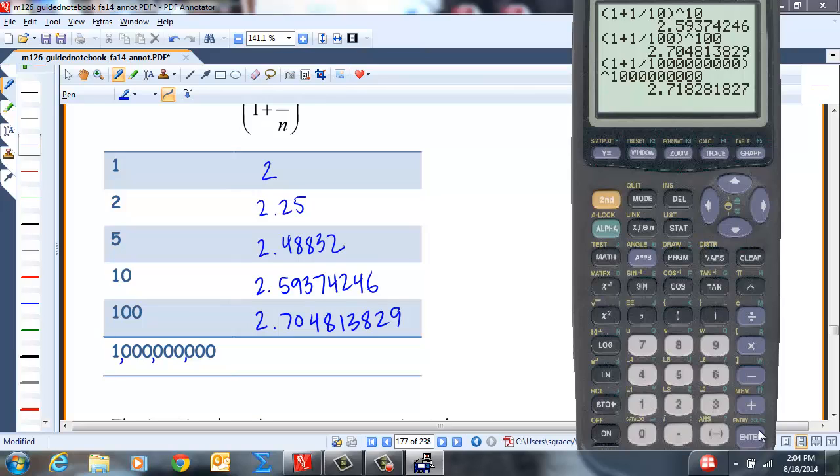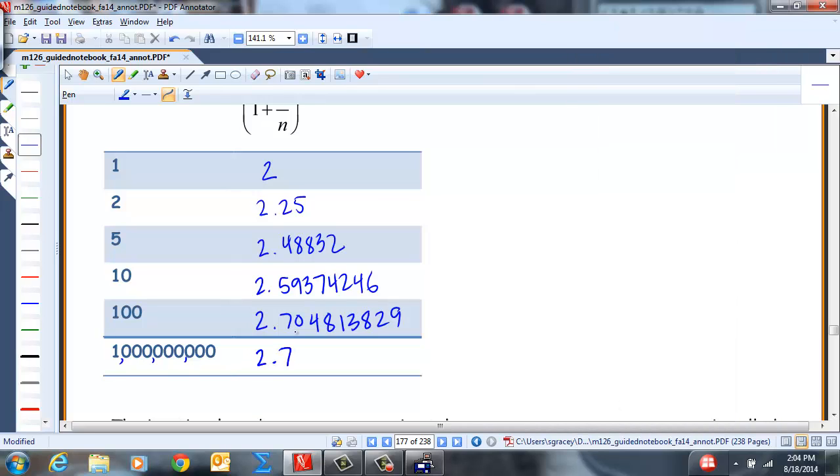We get this magic number here, 2.71828187, approximately. These are all approximate.